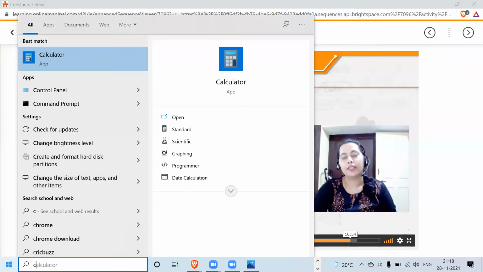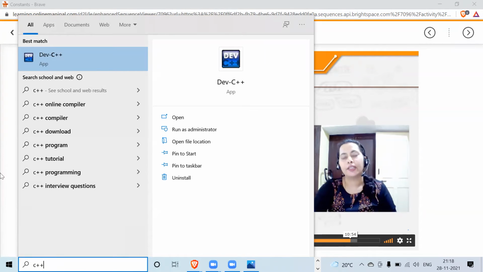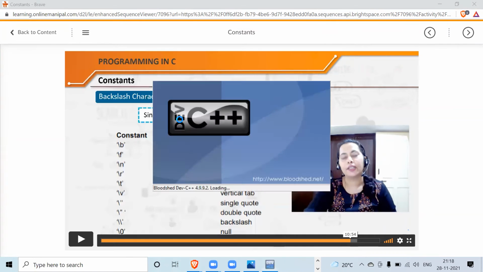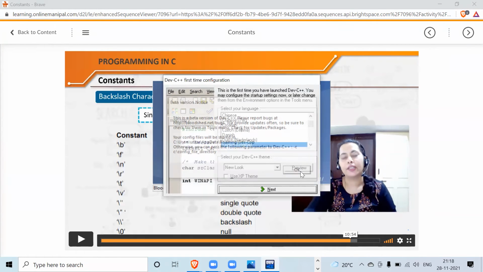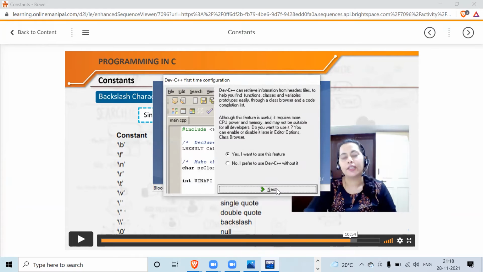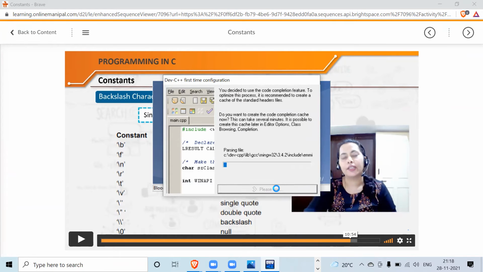I'll just show you a small program, which will help you understand what these different constants do and their purpose.